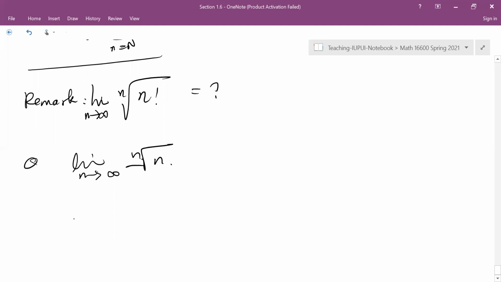Okay. So the nth root of n is going to be e to the natural log of n to the 1 over n, right?